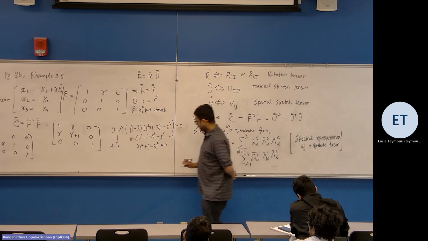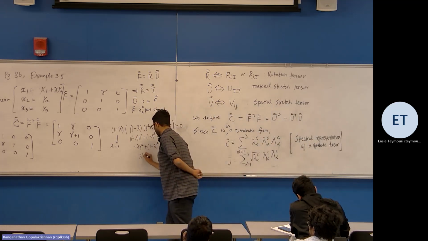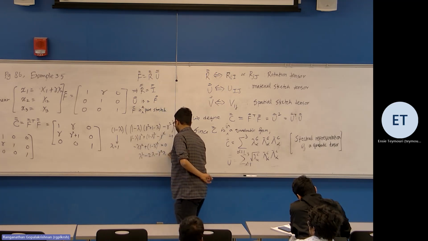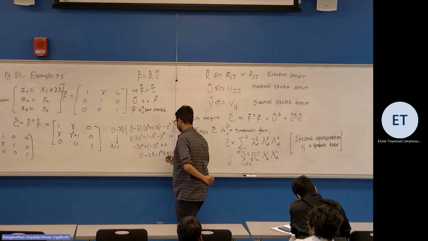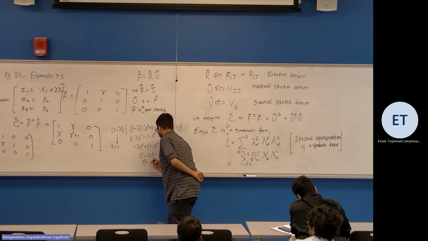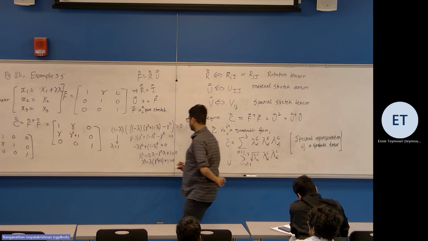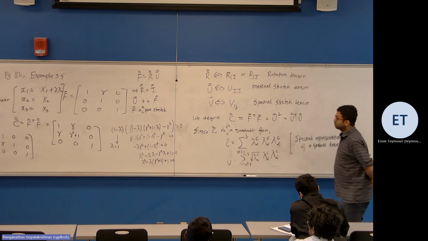It's not pretty, but it's still solvable. Lambda squared minus 2 lambda minus gamma squared lambda plus 1 equal to 0. Or lambda squared minus lambda times gamma squared plus 2 plus 1 equal to 0. Please look at this and tell me if I made any mistake.